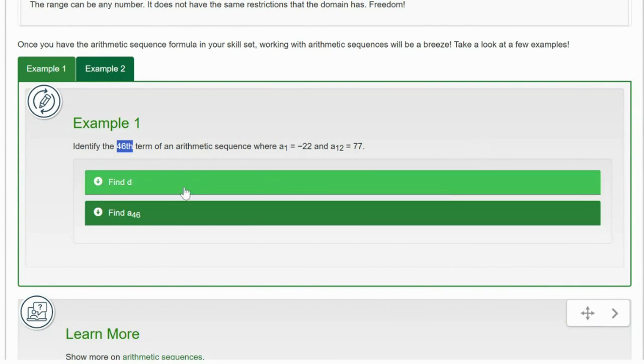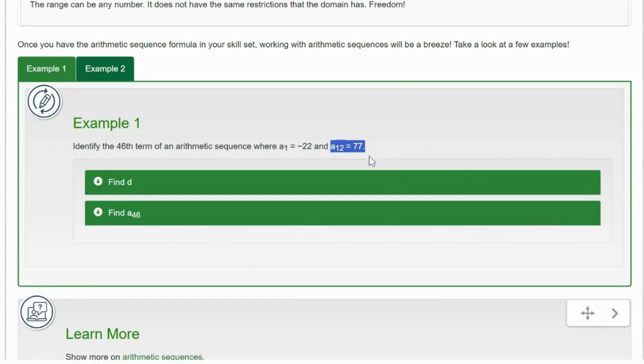Sample number 1, the 46th term of a sequence where the first term is negative 22 and the 12th term is 77. All right. 46th. A sub 1 is negative 22. A sub 12 is 77.